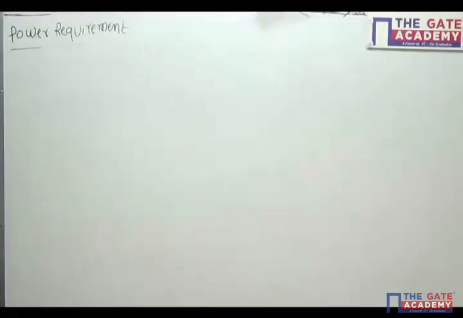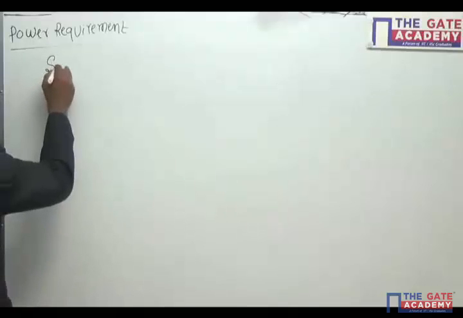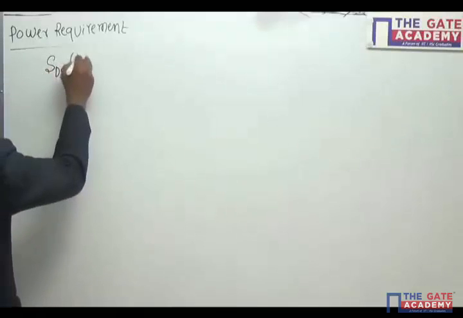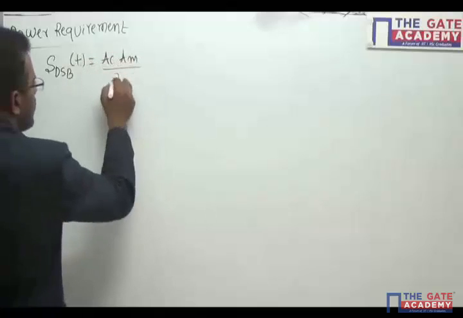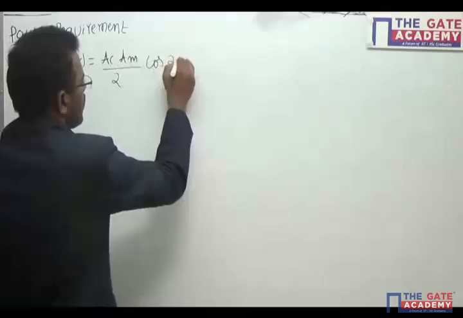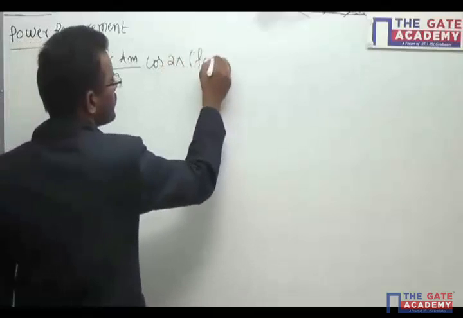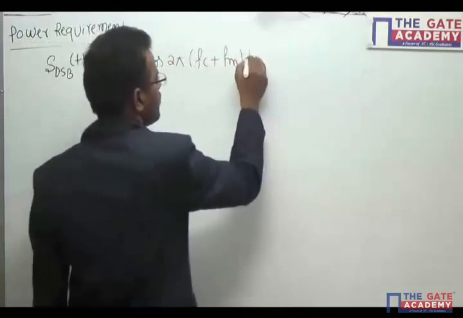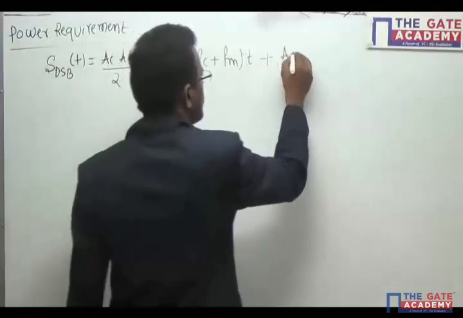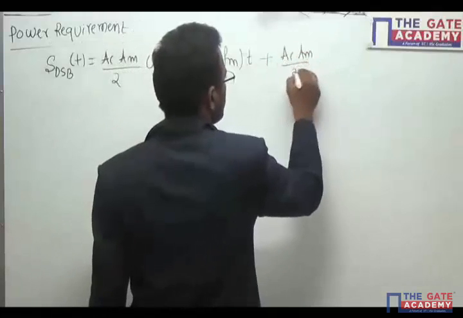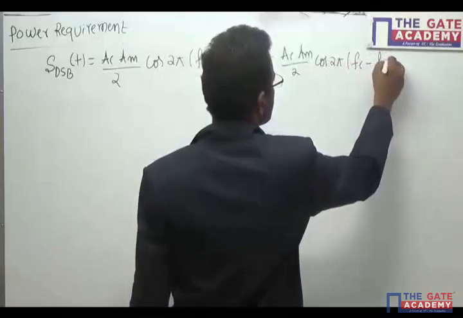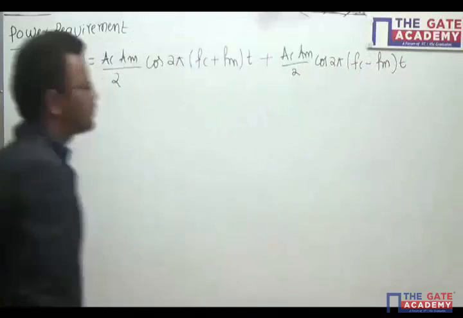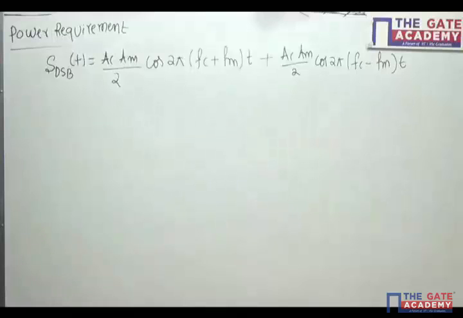The expression of the single-tone DSBSC modulated signal is Ac Am by 2 into cos 2 pi (Fc plus Fm)t plus Ac Am by 2 into cos 2 pi (Fc minus Fm)t. We have only side bands.